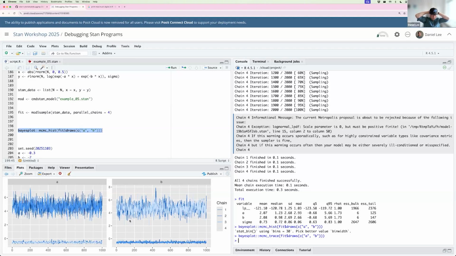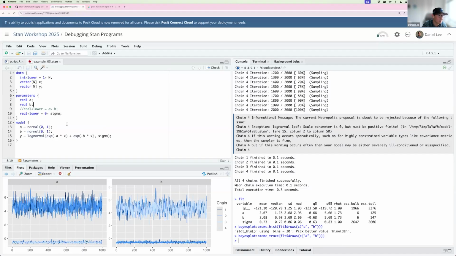If you think about Bayesian inference, there's nothing in this model as written that says A or B should be one of these or the other, right?